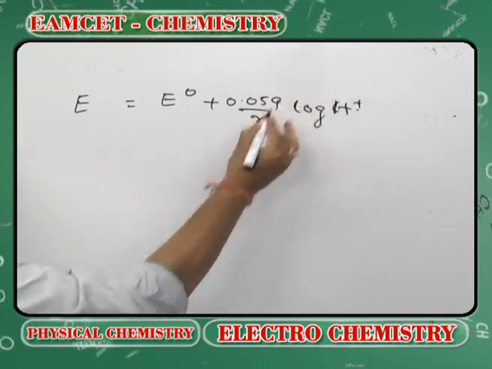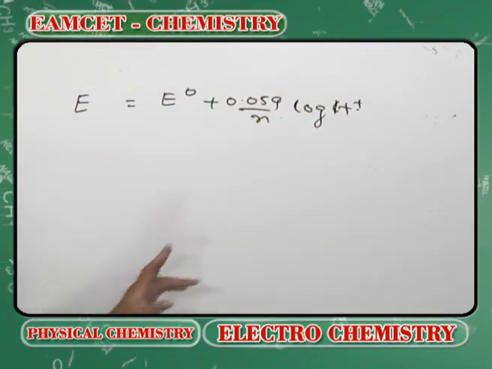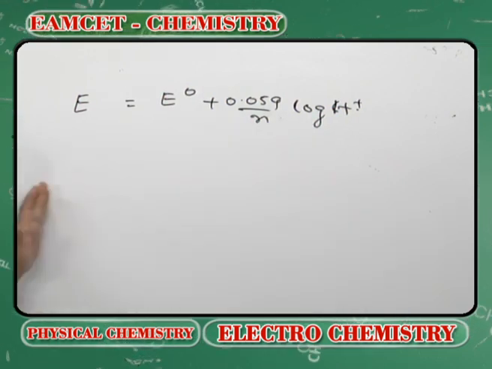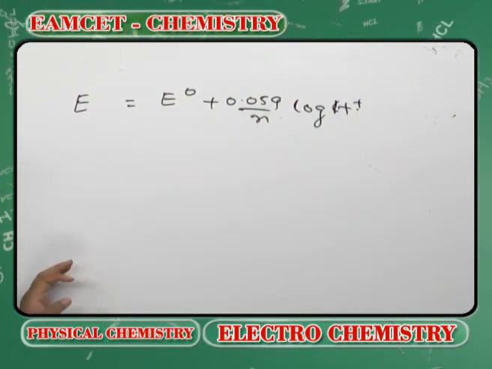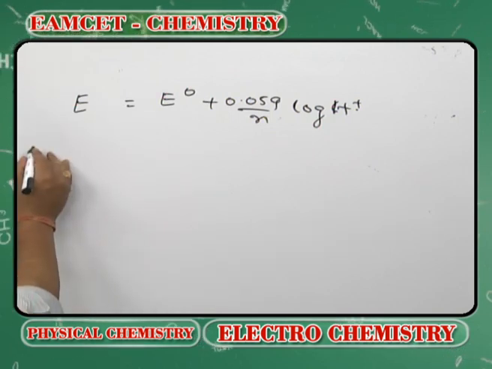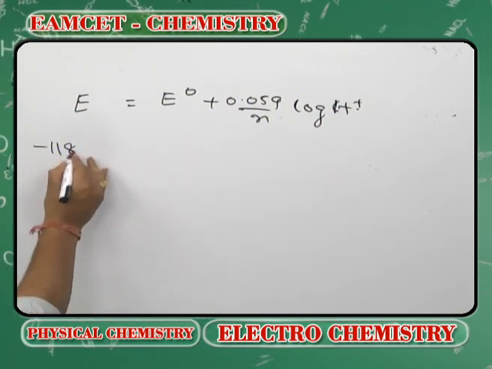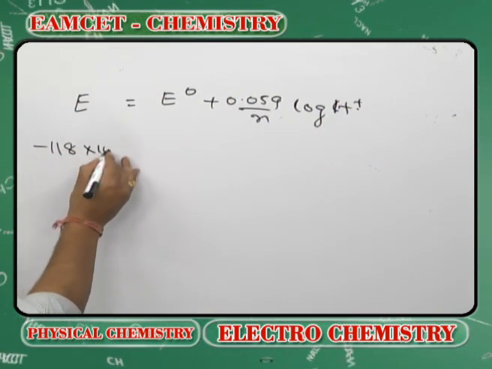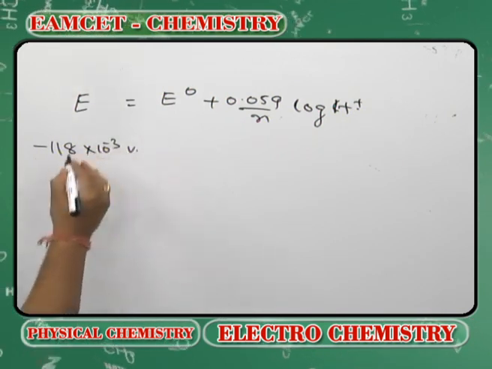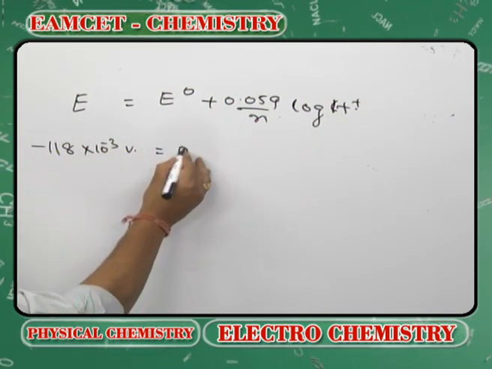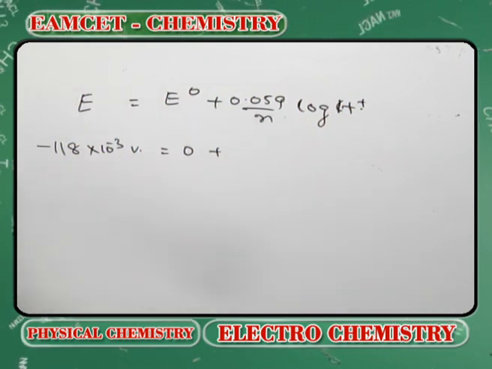The E value is given as minus 118 millivolts, meaning 10 to the power of minus 3 volts. What is the E naught value? 0.